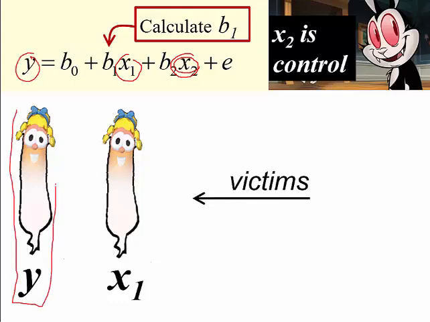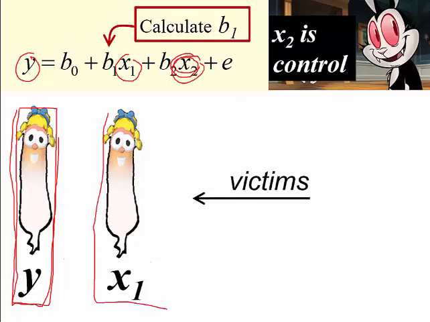Here's a picture of y, and it's kind of faint here to say that stuff has been extracted out of y. So here's my y variable, and it's not all together there because stuff has been extracted out. This is my y variable with x2 extracted out of it, and this is my x variable with x2 extracted out of it as well.